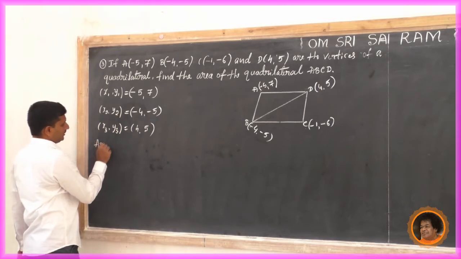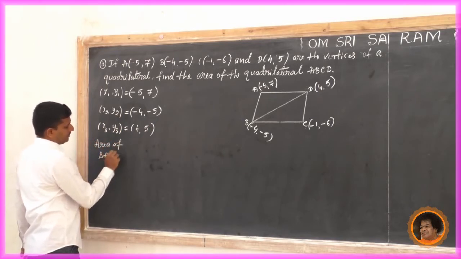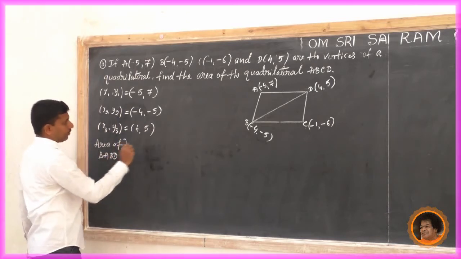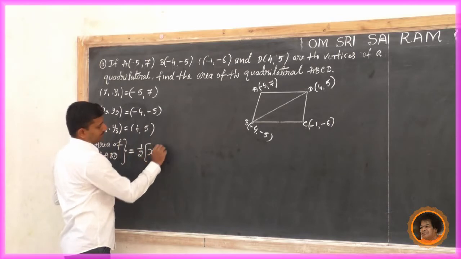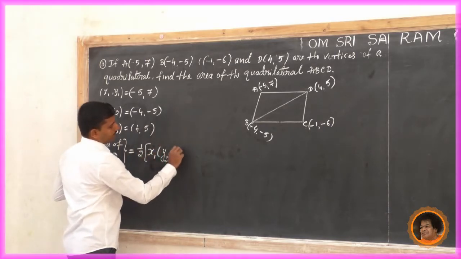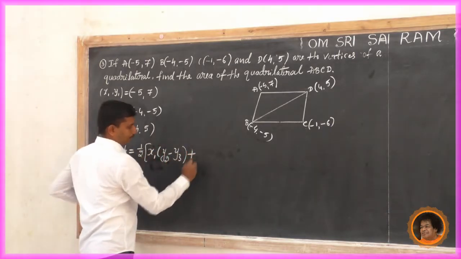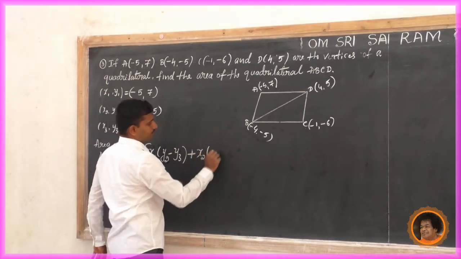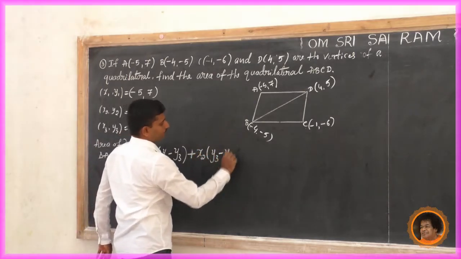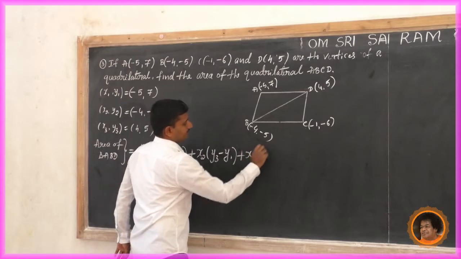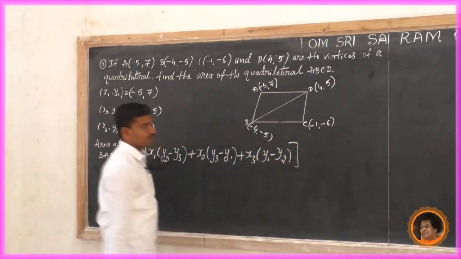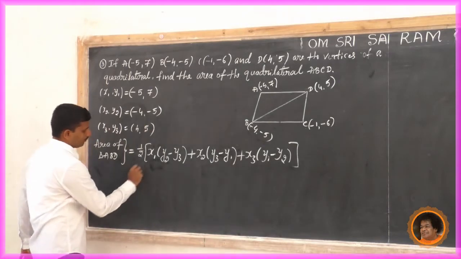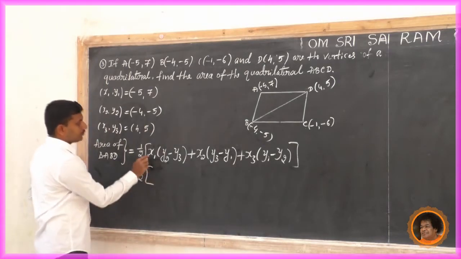So area of the triangle ABD equals half into x1 into y2 minus y3 plus x2 into y3 minus y1 plus x3 into y1 minus y2. Now substitute the values. So equal to half into x1.